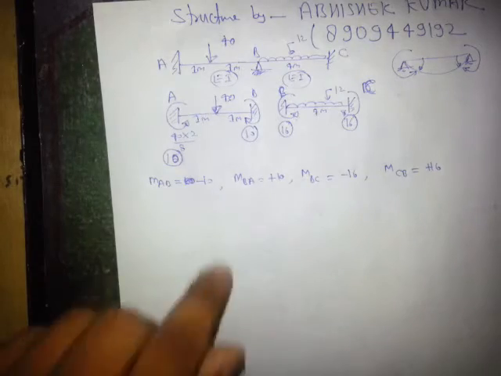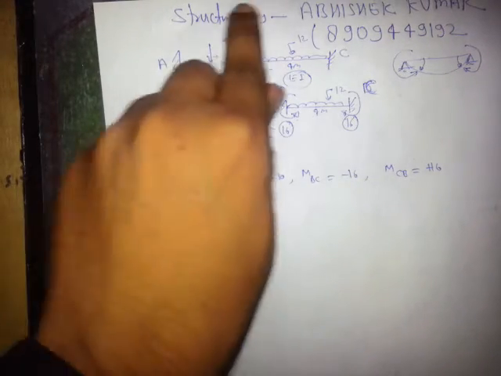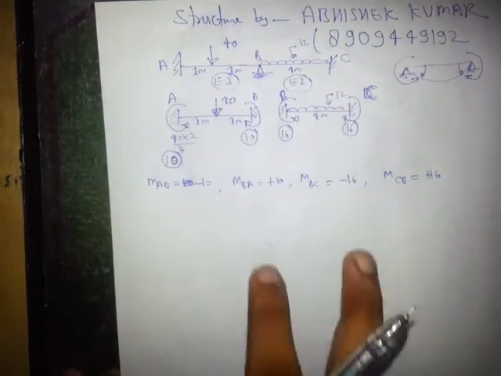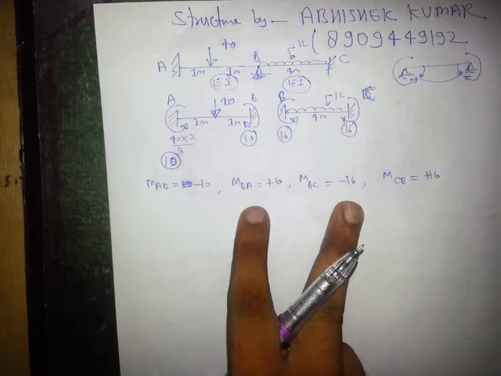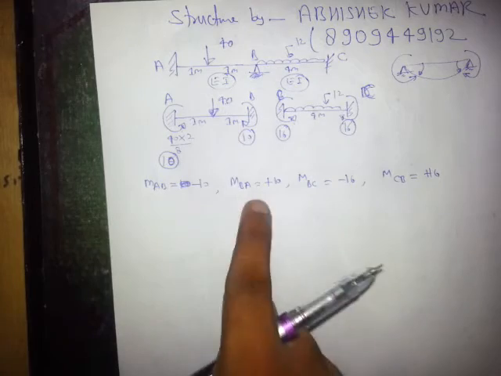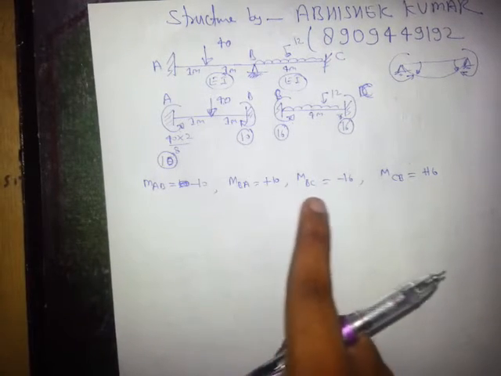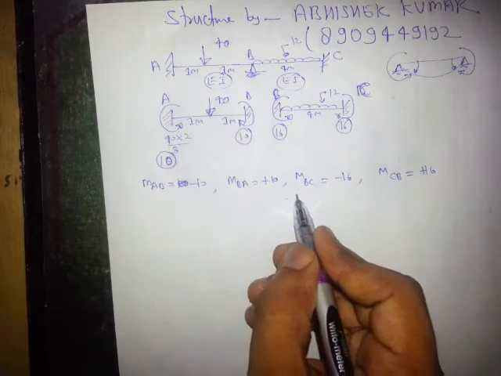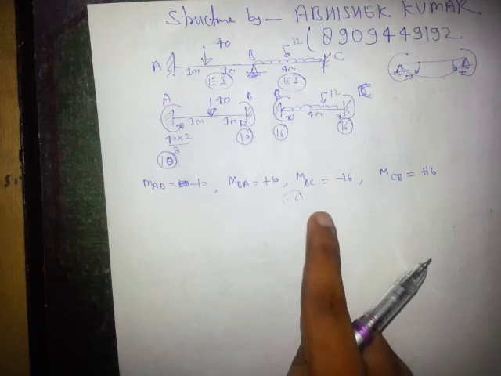Now dear friends, since at joint B there was no external moment, the net internal moment should also be 0. So MBA plus MBC should be 0, but it is minus 10 plus 16, which means 6, meaning this joint is unbalanced.